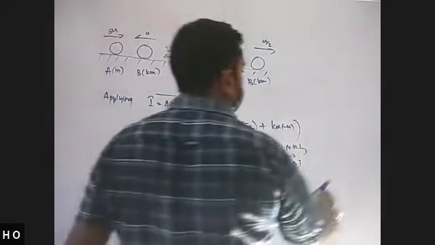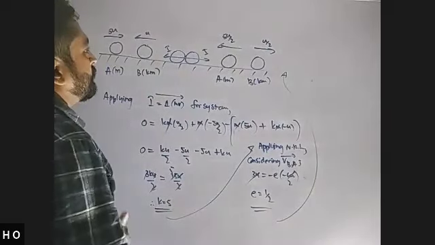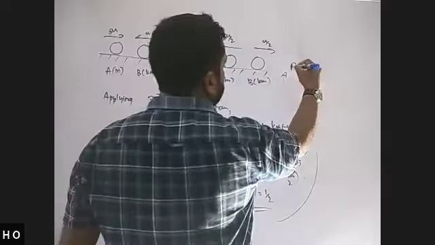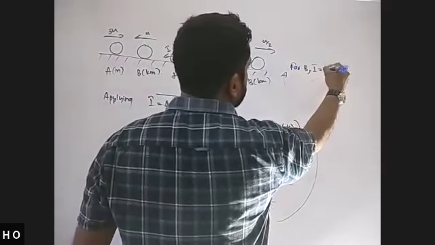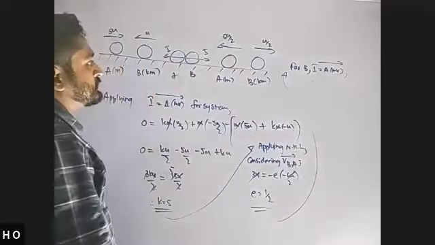Now the impulse. To find the impulse, let us apply for any of these. I'm going to apply for B. For B, I equals delta mv to the right-hand side.